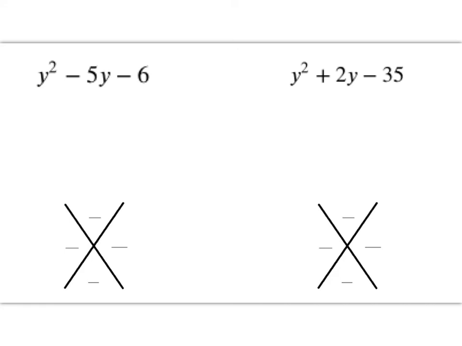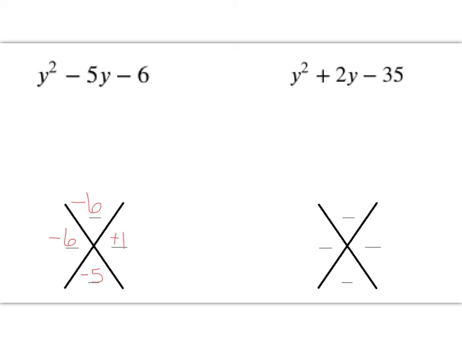Now I have y squared minus 5y minus 6. So I need two numbers whose product is negative 6 and whose sum is negative 5. Can you think of the two numbers whose product is negative 6 and whose sum is negative 5? Did you get negative 6 and positive 1?